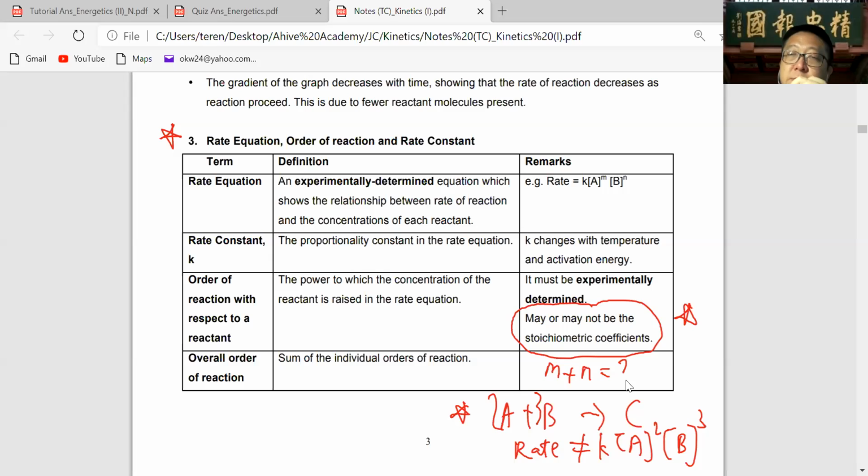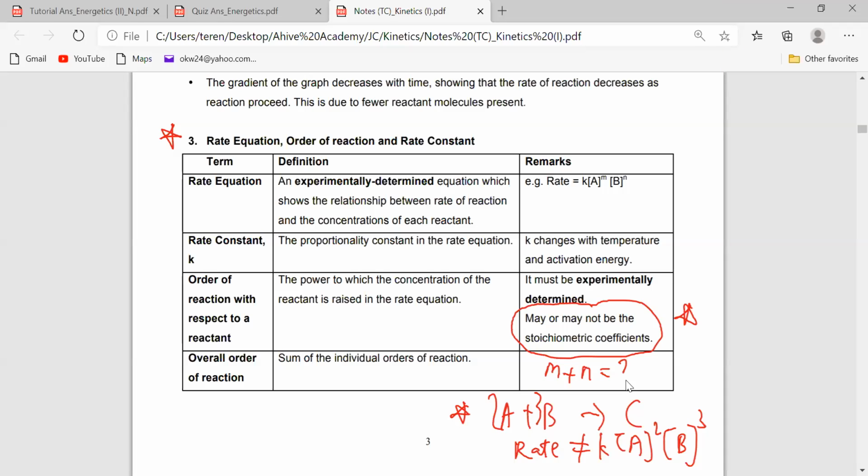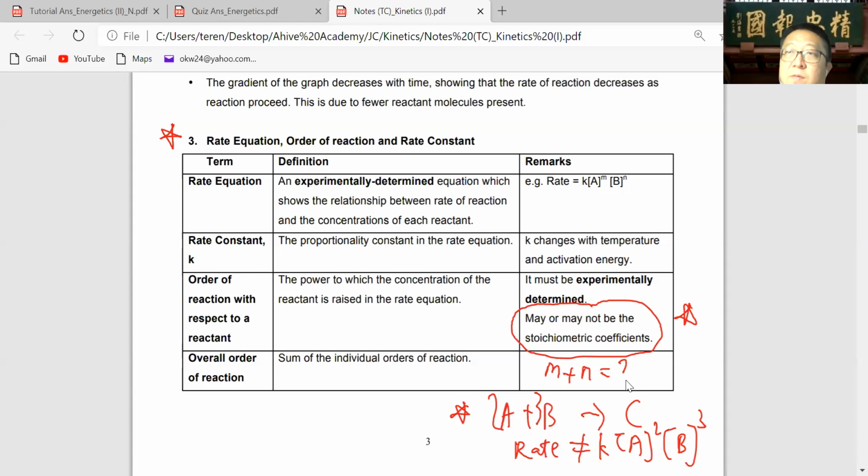Jenyu, any question? Wait, so K is not a constant? K is a constant at a fixed temperature. Let me put it this way. K is a constant at a particular temperature. Usually in the question paper, they'll tell you that this experiment is carried out at, let's say, 250 Kelvin.